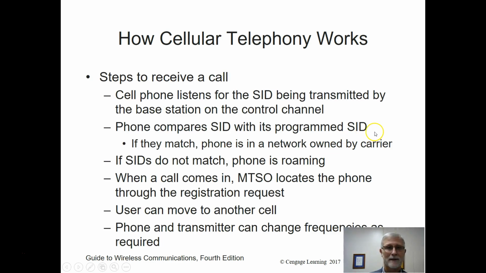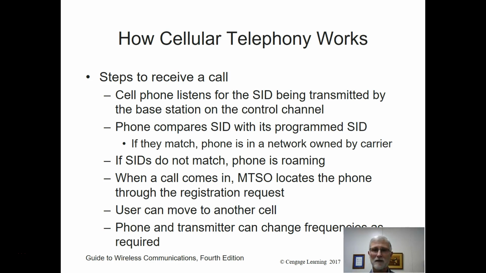Now, I'm not going to go through this whole list on how to receive a call, but as you can tell, we've done 3-way handoffs to make a connection in your NET175 class. You can tell there's about half a dozen steps just to receive a call, making sure that your cell phone knows what network it's on.